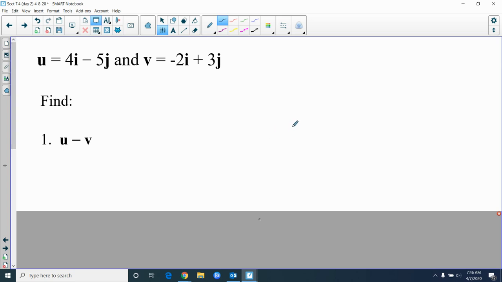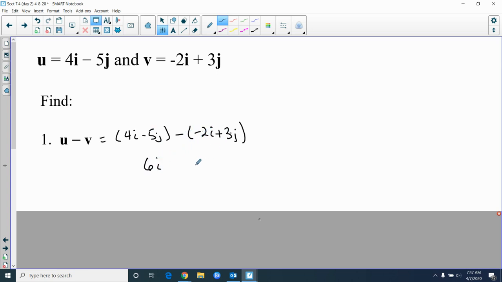Operations are very similar to what we would do with a normal binomial. Think of that as an x and a y. So u minus v: you think of that as 4i minus 5j minus negative 2i plus 3j. 4i minus negative 2i is 6i.